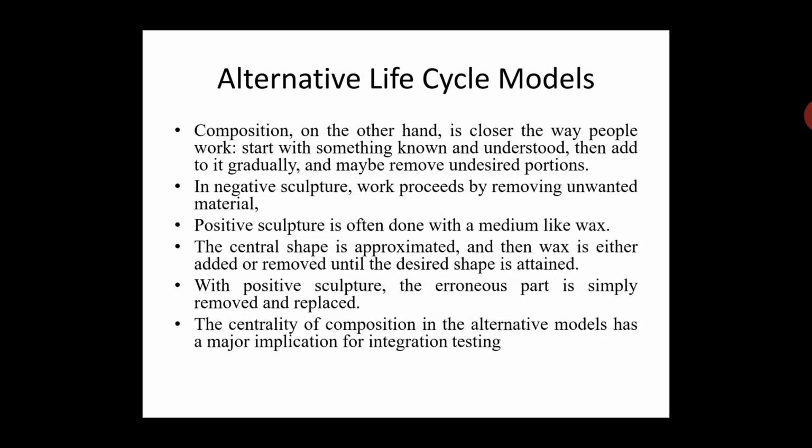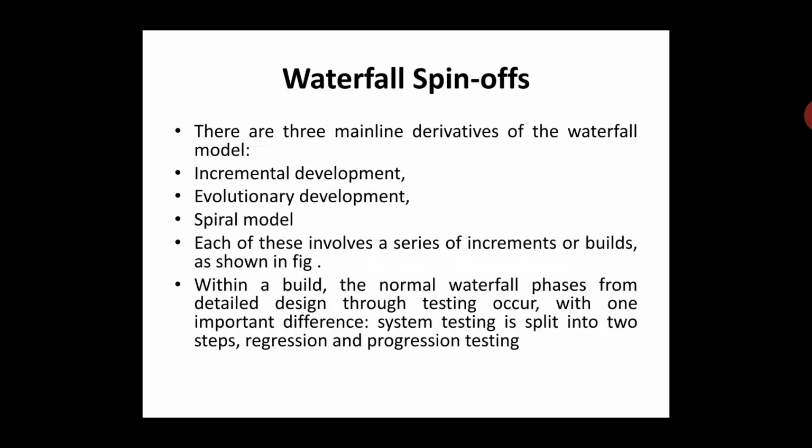If you want to make a doll from that wax, you will take the wax and give some shape to it by adding some wax or removing some wax, right? So positive sculpture adds to the system and also removes some unwanted portion.